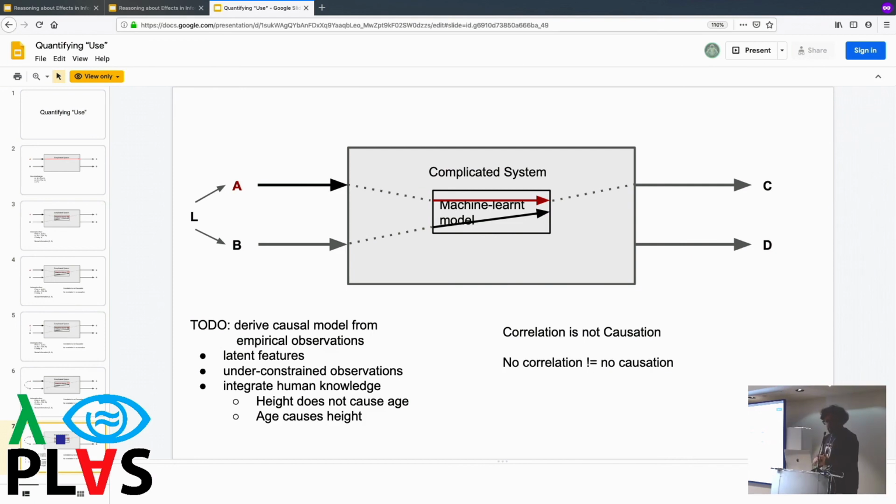And if there's a way to develop a reasonable causal model on data, we might be able to apply things like non-interference, or this derived form of use that's based on interference, and ask these questions of usage of features through a statistical component in a larger system.